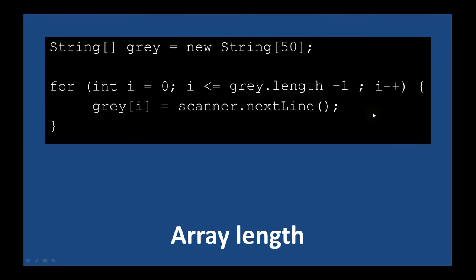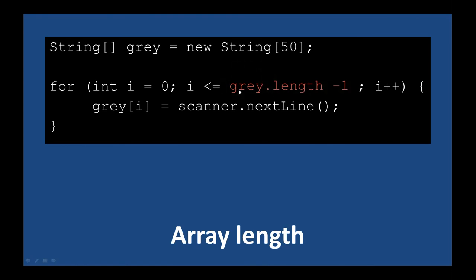The next thing is that this is a very useful tool to have when you learn about arrays, because in several cases it will come in handy. So you can see here that I changed the number 49 from the last code into grade dot length minus 1.